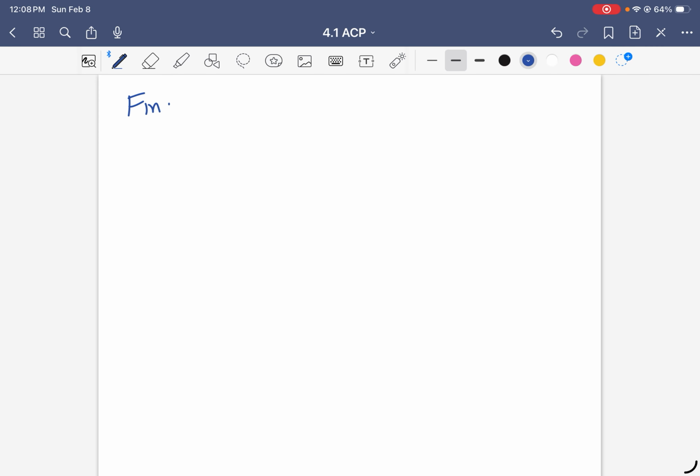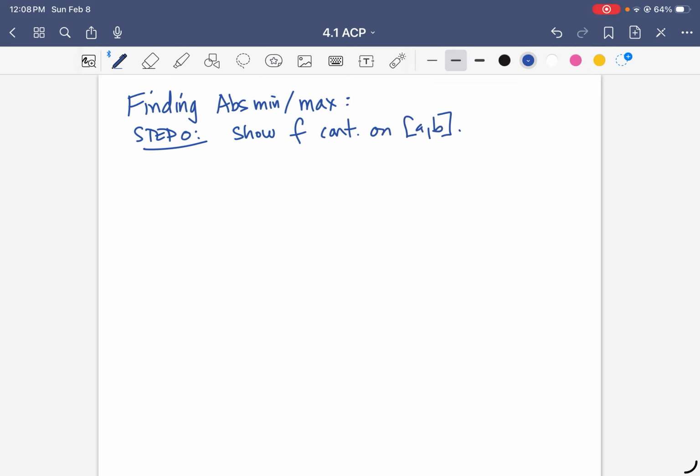So, finding absolute min or max. Step 0 is really to show f is continuous on a closed and bounded interval.